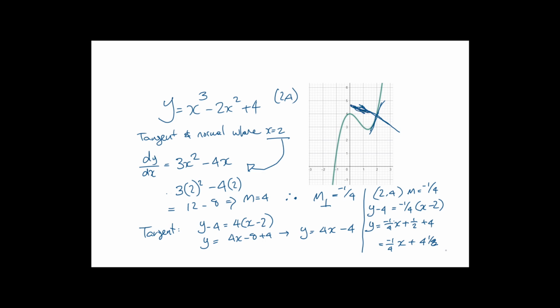Maybe I was a bit optimistic. It's going to cross around about there somewhere. Let me rewrite it: plus 4.5. And just by inspection, yeah, that looks about right. Bit messy, but it's right.